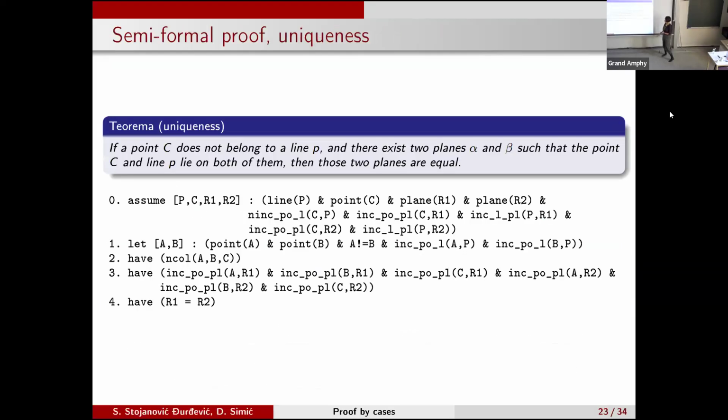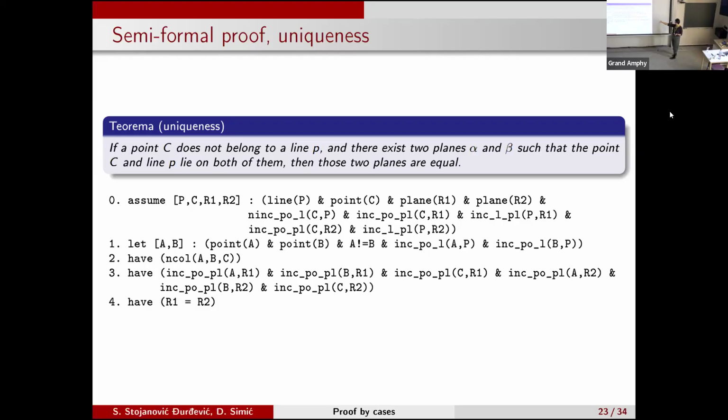The second part is that the plane is unique. So if there are 2 planes, then those 2 planes are equal. And now, what do we do? Now we need to formulate it a little bit differently. It looks a little bit more complicated, but we just translate it more or less one-to-one.